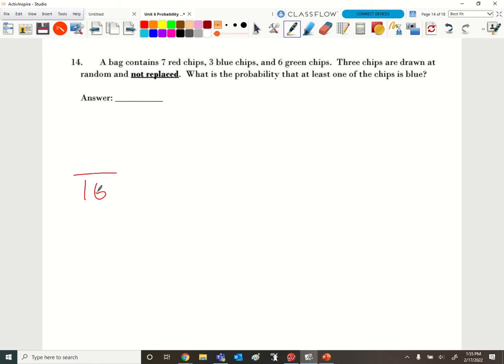Oh wait, hold on. Let me do it right here. Now, it says 3 chips drawn at random. What's the probability that at least one of the chips is blue?